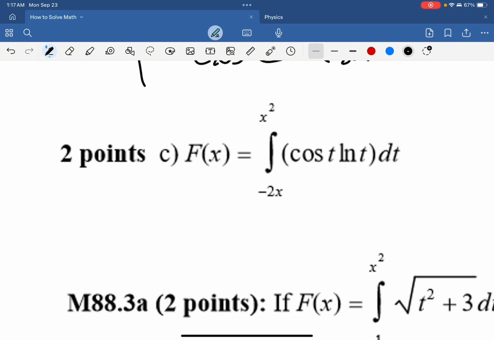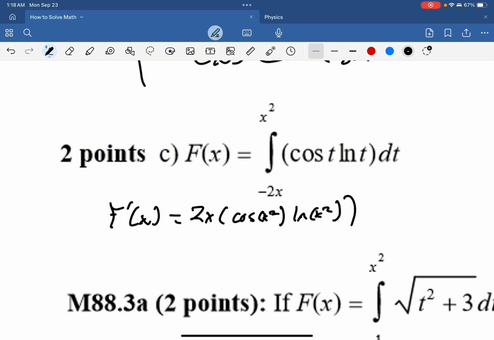And then over here, we are going to do the exact same thing. F prime of x is equal to, this time we plug in x squared at the top, so the derivative, I'm just going to put the derivative at the front, 2x, sorry, let me put that outside of parentheses, 2x times cos of x squared ln of x squared. Ooh, that looks really ugly.